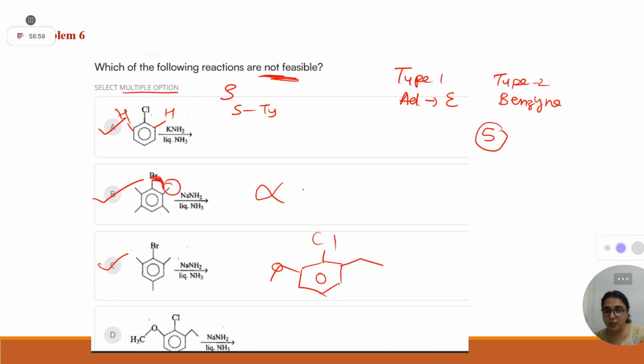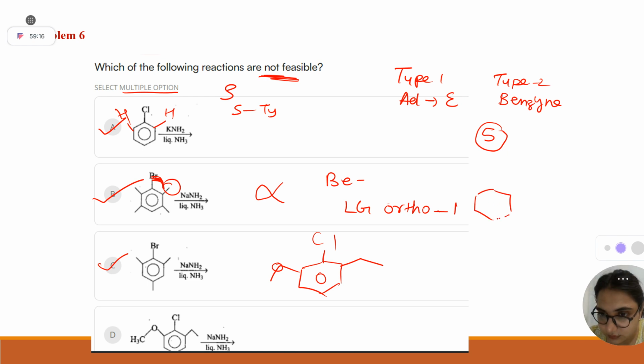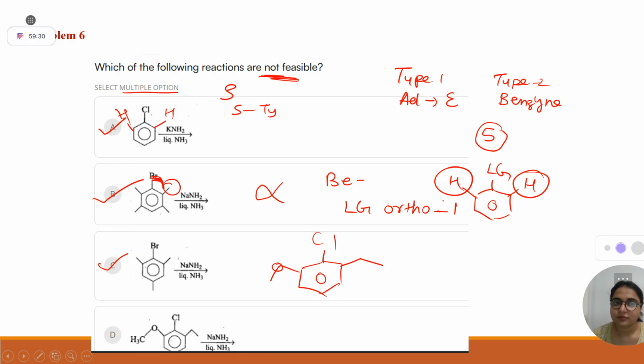The benzyne mechanism needs an ortho proton at the leaving group. This is our leaving group. These protons should be there for the benzyne mechanism to operate. Okay, understood? Yes.